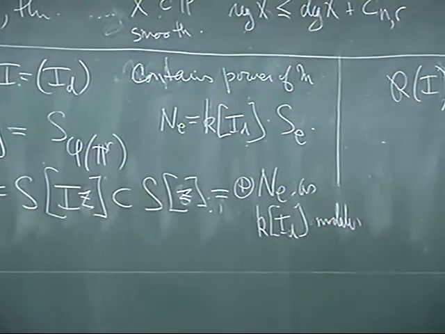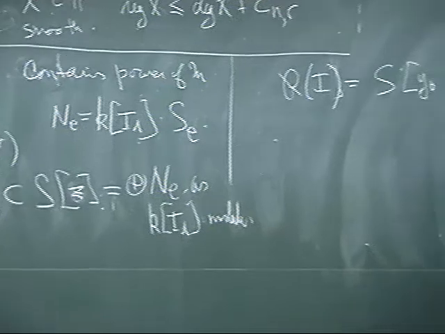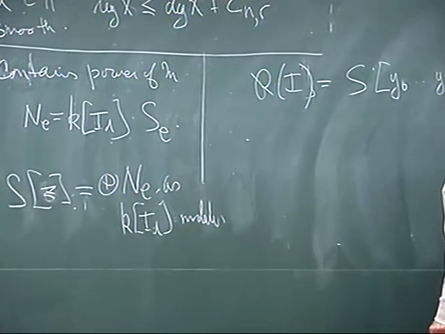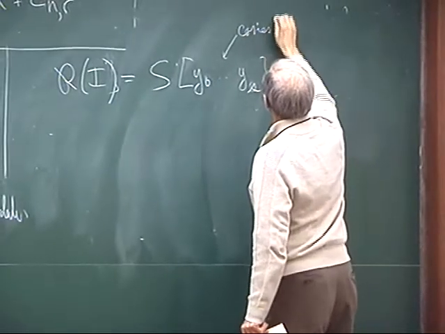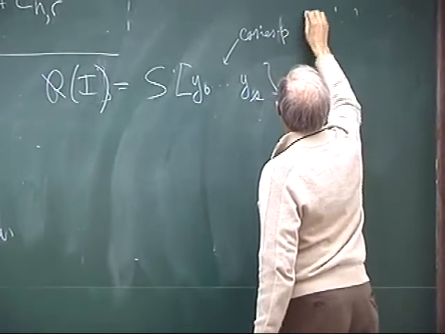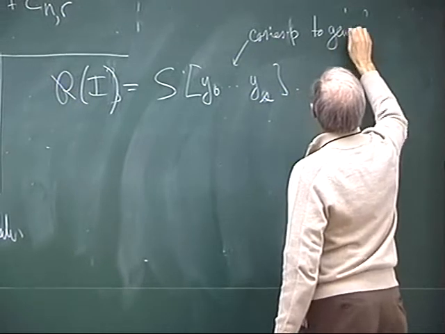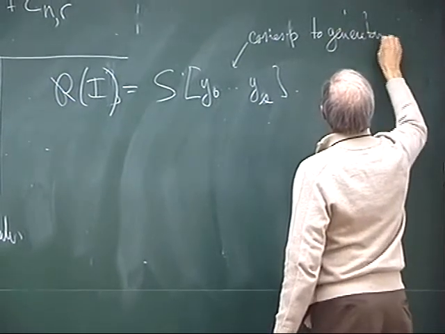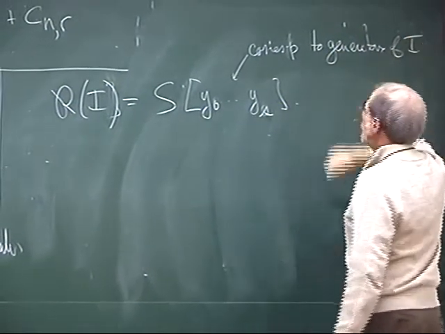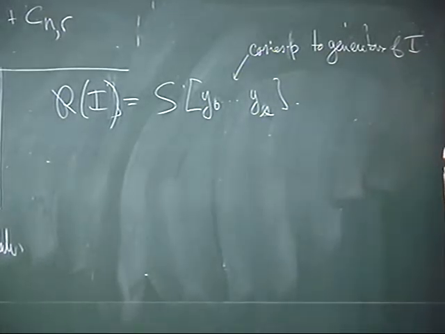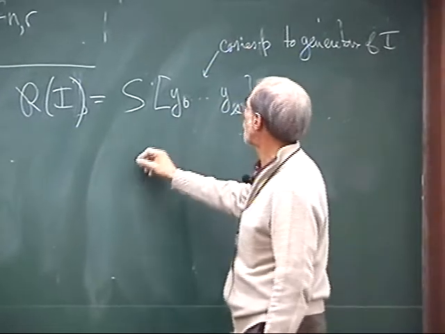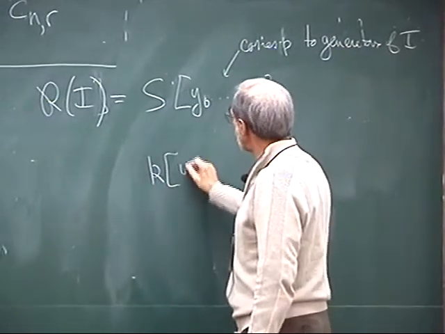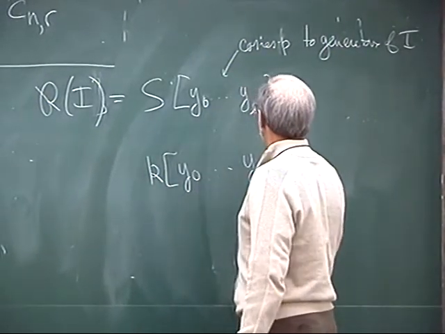In my notation, these correspond to generators of I. And this is, of course, an algebra over the polynomial ring in the new variables, k of y0 up to ys.